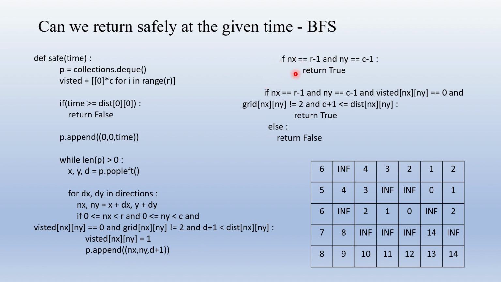Within this, if the new cell is nx equal to r minus 1 and ny equal to c minus 1, which is the home cell, if we reach the safe house, we return true. Or if we reach the safe house at the same time the fire reaches the safe house, it is considered as safely reaching the house, and we also return true. Else, if we cannot reach the safe house, we return false.